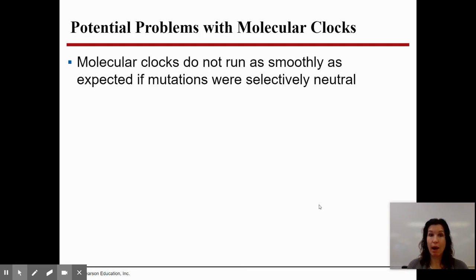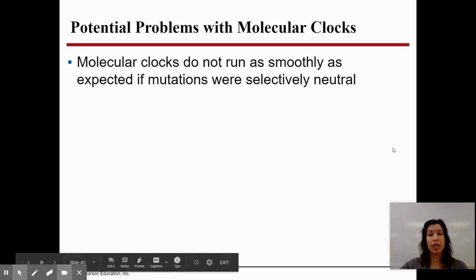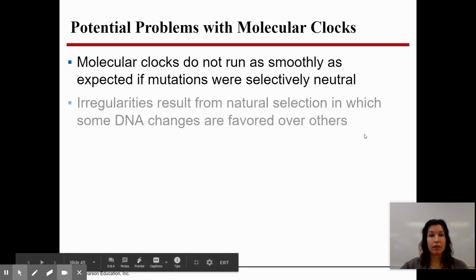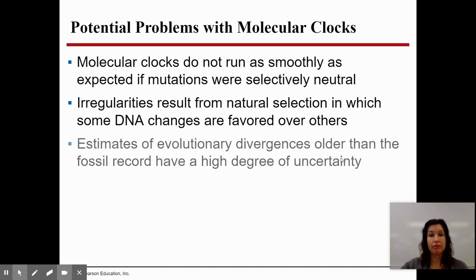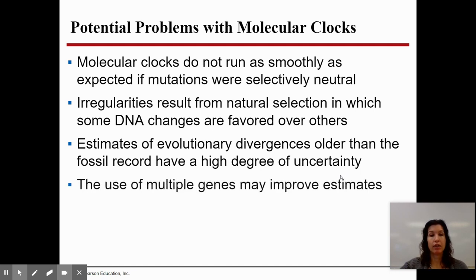There are a few potential problems with molecular clocks, so they don't run as smoothly as expected if they were selectively neutral, so sometimes it creates some irregularities. And we can have some irregularities because there may have been natural selection occurring. Estimates of evolutionary divergences older than the fossil record have a high degree of uncertainty because we can't use those fossils to check to see if we're correct.